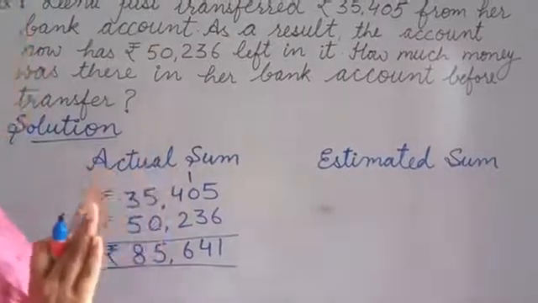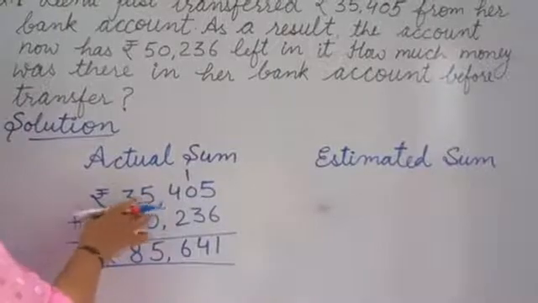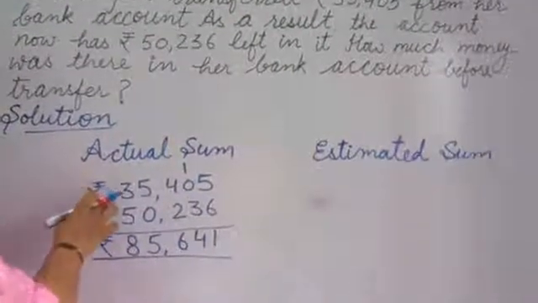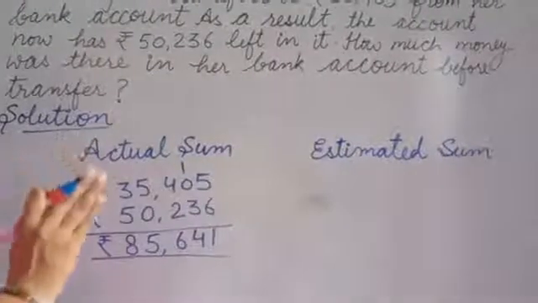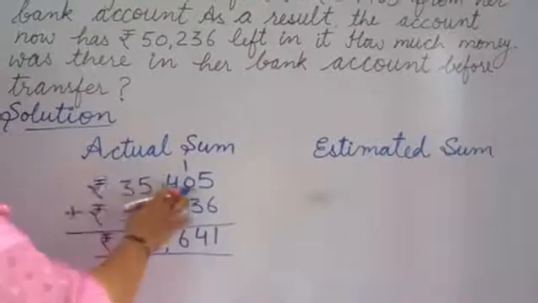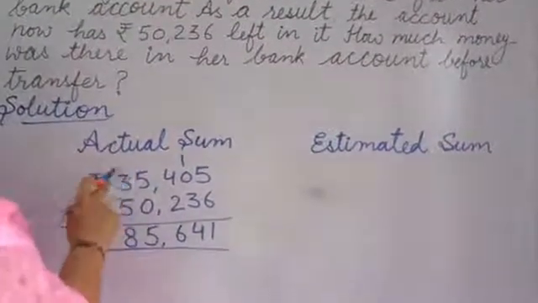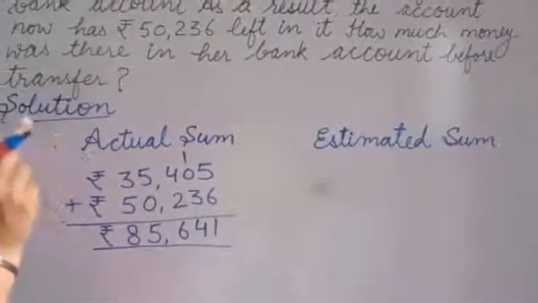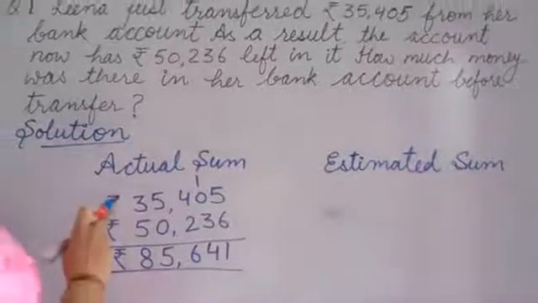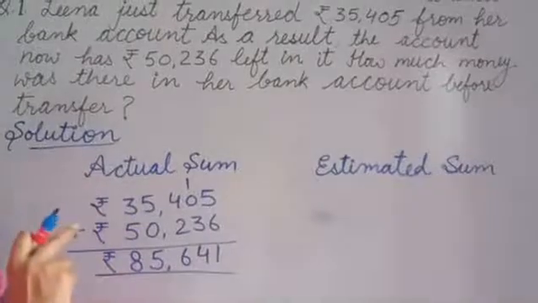We take the last period. If the last period is lakhs, we find rounding of lakhs. If the last is 100, rounding of 100. If the last is tens, rounding of tens. Whichever is our last column, last period, that rounding we have to find. Here the last one is 1000, so we have to find rounding of 1000.